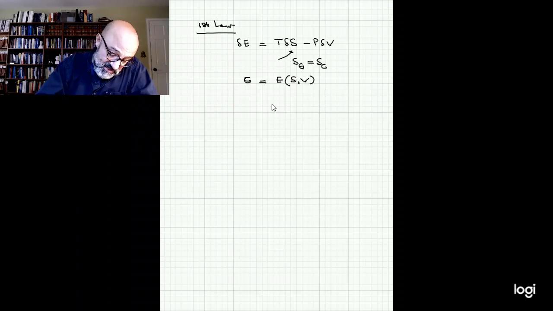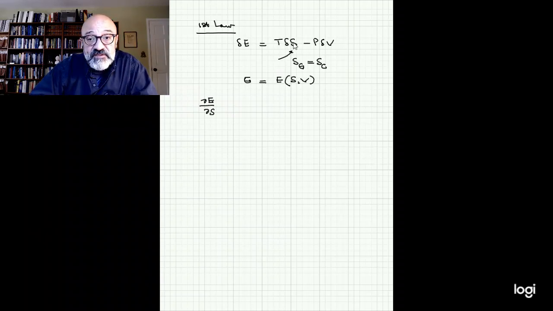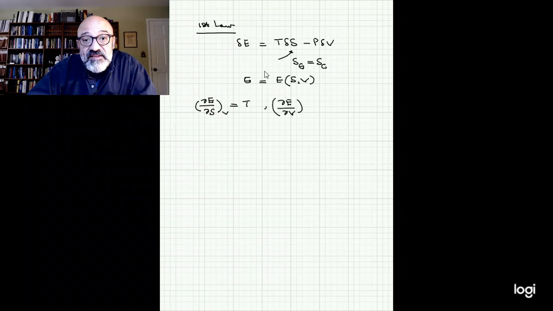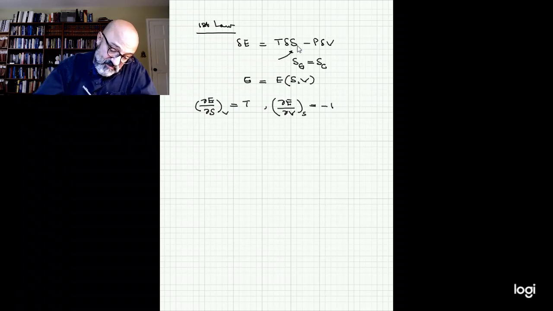And it tells you things such as if you were to do the derivative of energy with respect to S here, the derivative of E with respect to S at constant V, this is going to be T. And if you do the derivative of energy with respect to volume at constant S, that's minus the pressure.